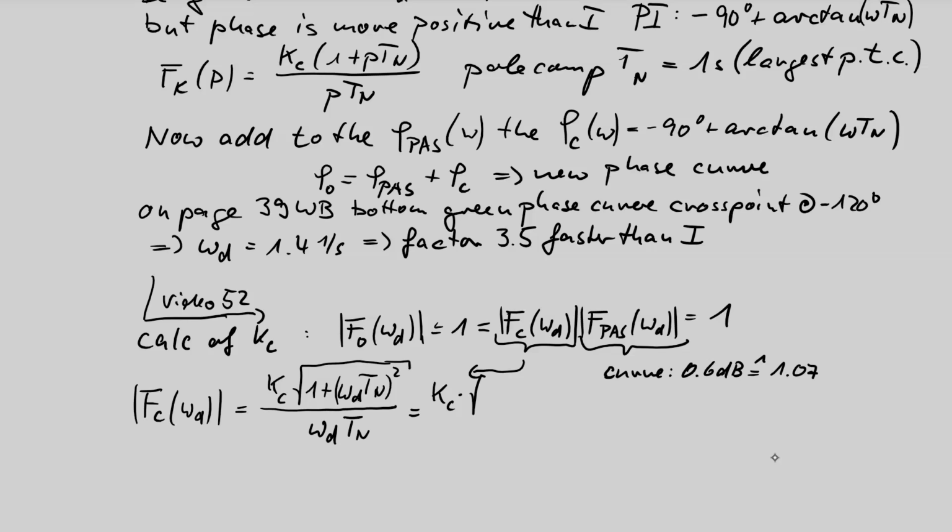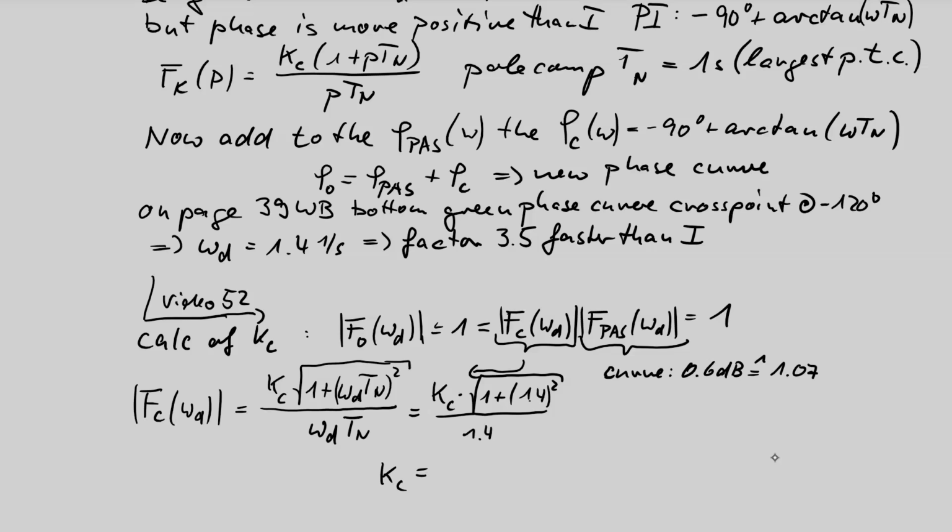I write it down. This is square root of 1 plus omega d is 1.4, Tn is 1 second, so this is 1.4 squared, divided by 1.4. And both together, we put this into the Nyquist equation. This comes from the curve, and then we can solve.